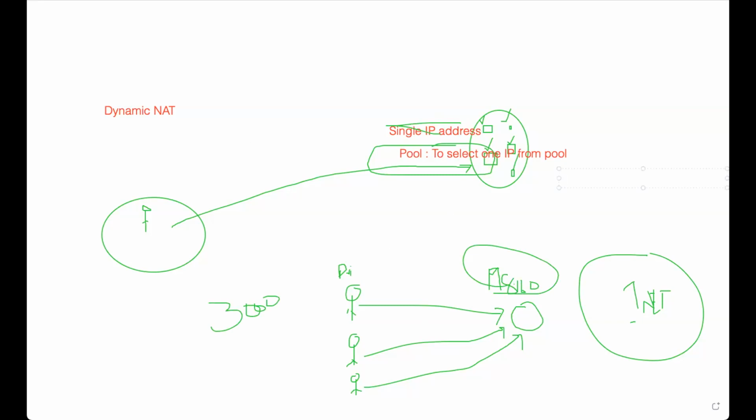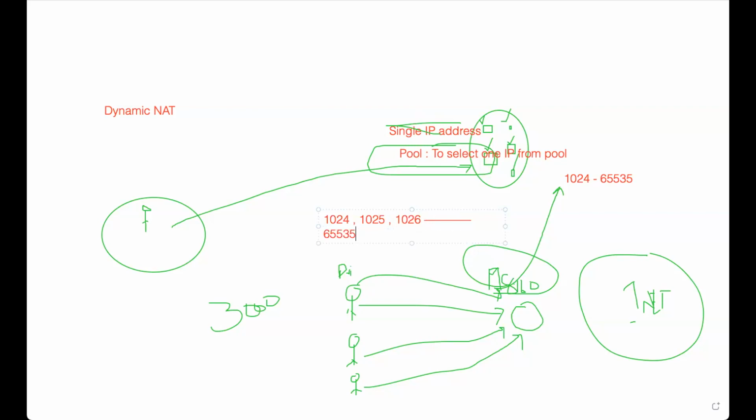So let's say 1024 to 65535. Every user will be assigned a specific port at a time. Let's say this user is associated to port 1024. Next user is 1025, 1026, and so on up to 65535.